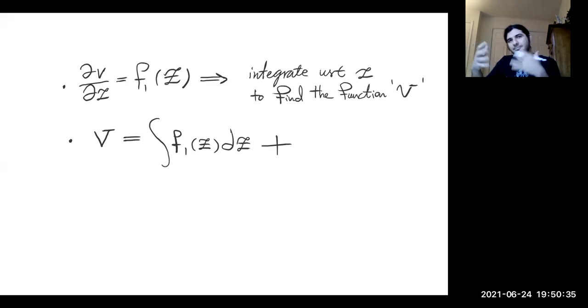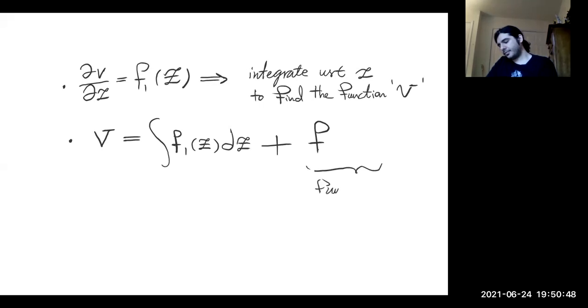It's constant with respect to z, so the constant part might still have w in it. That would be either a constant or a function of w. So let's show that with f2 of w, right?